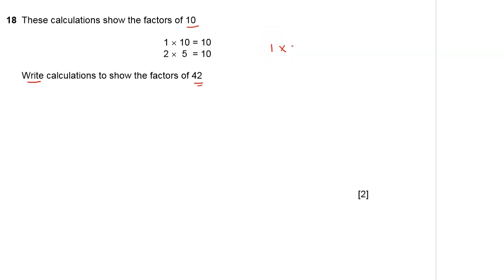So I can say 1 times 42 is 42, right? Factors basically means now 2 times 21 should give you 42. 3 times 14 should give you 42. 4 times 7 should give you 42.